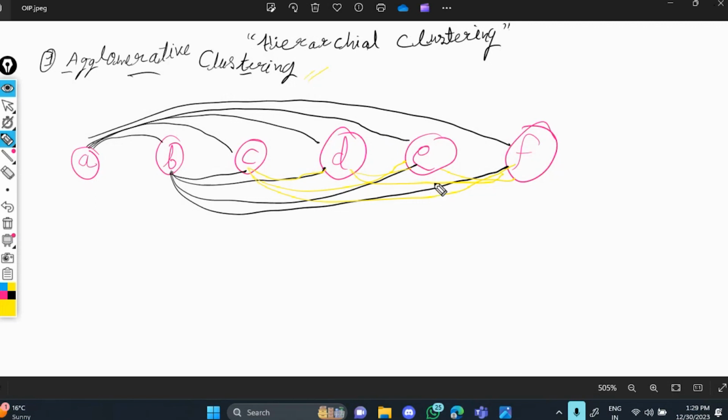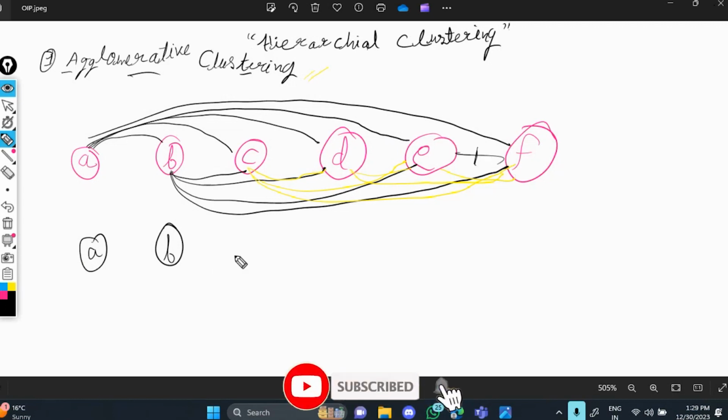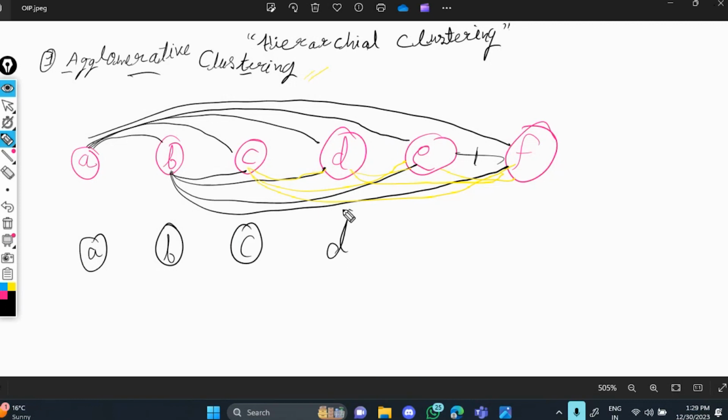For example, you can see here, if we assume E to F is the shortest one, then we can join both records into one, and it will be made as E, F.